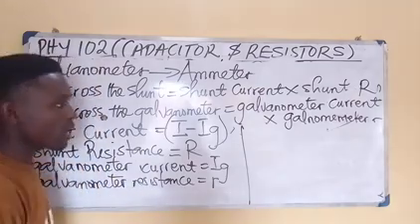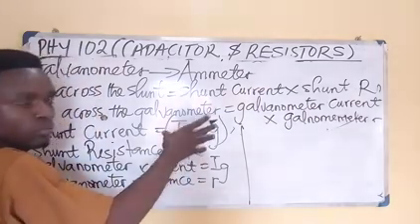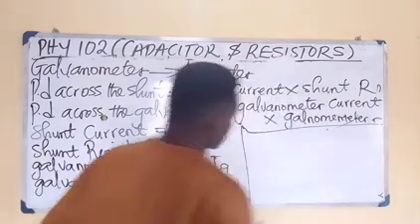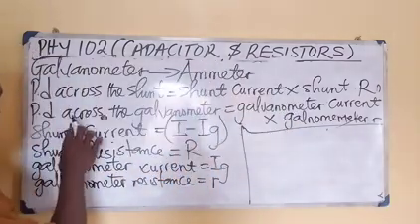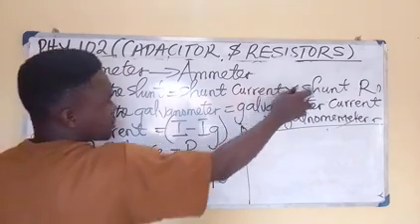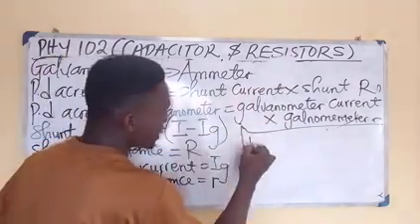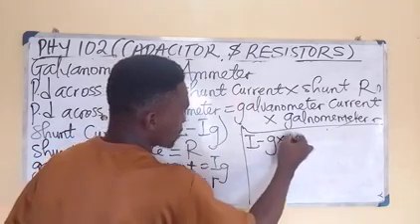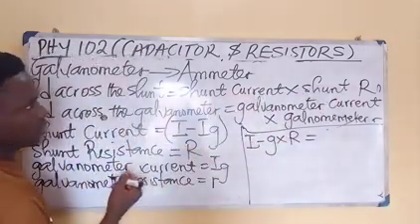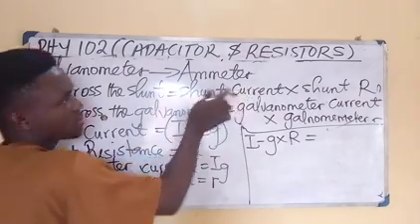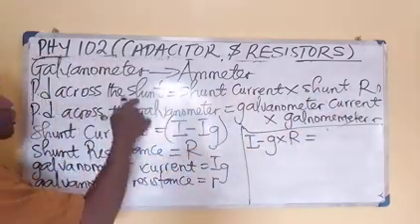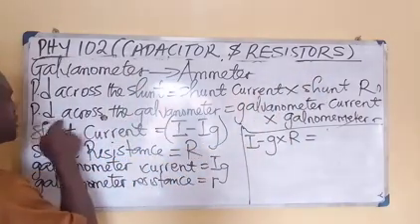Now we are going to equate these two guys: the PD across the shunt and the PD across the galvanometer.